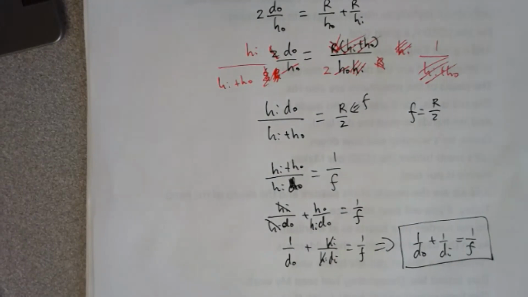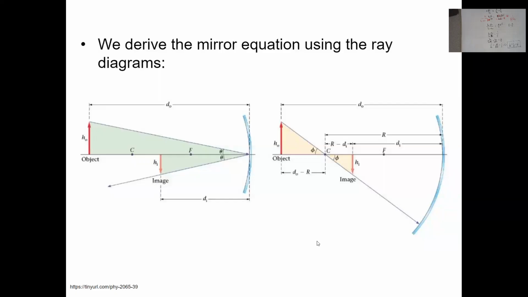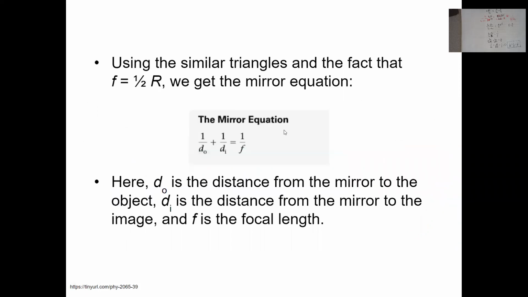So then the relationship between DO and DI is simply 1 over DO plus 1 over DI equals 1 over F, okay? We derived this from the concave mirror, but it also applies to the convex mirror, okay? So the mirror equation, okay?